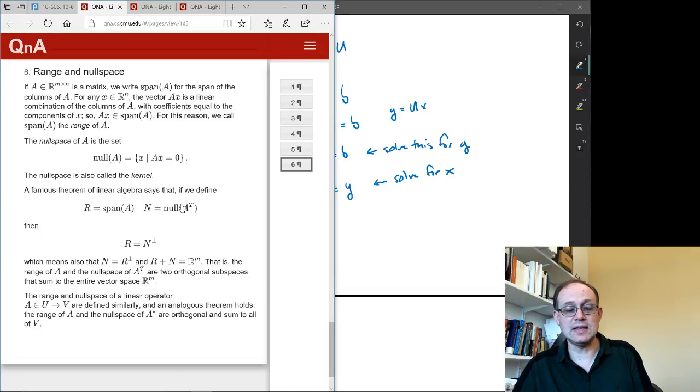That means that every vector in the range of A is orthogonal to every vector in the null space of A transpose, and together all of those vectors sum up to form the entire vector space. We can define the range and the null space of a linear operator the same way. The range of A and the null space of the adjoint of A are orthogonal and sum to all of V.